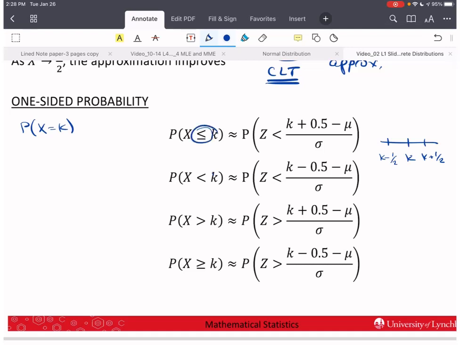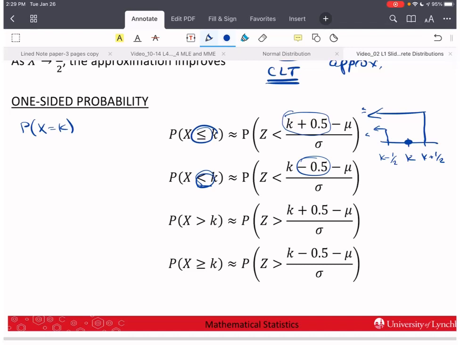I'm doing the less than or equal to, so this has to be included. Which one do I need? I need the plus 1/2 to include that. Otherwise, if I did the minus 1/2, I'd miss it. So the minus 1/2, this one's going to be less than. So the less than or equal to, I've got the plus 1/2. The less than, I've got the minus 1/2.